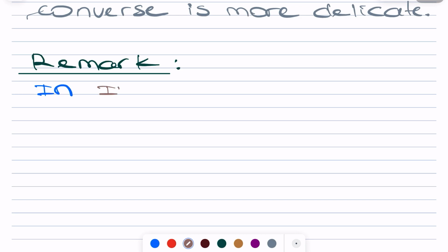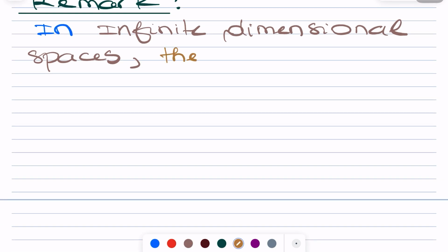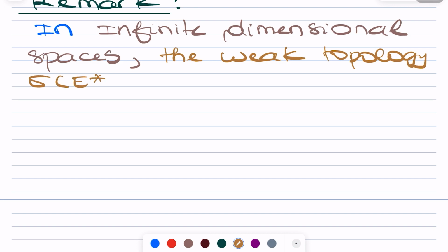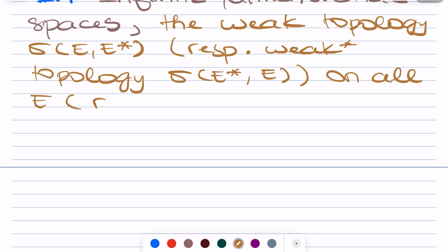In infinite dimensional spaces, the weak topology sigma(E, E star), respectively the weak star topology sigma(E star, E), on all E, respectively all E star, is not metrizable.